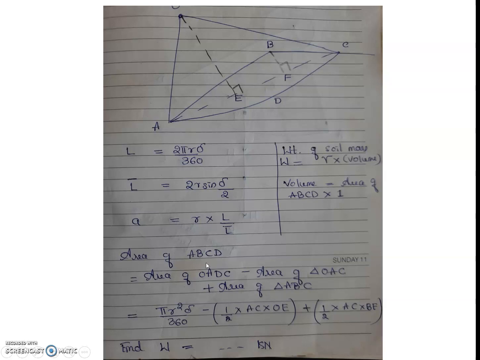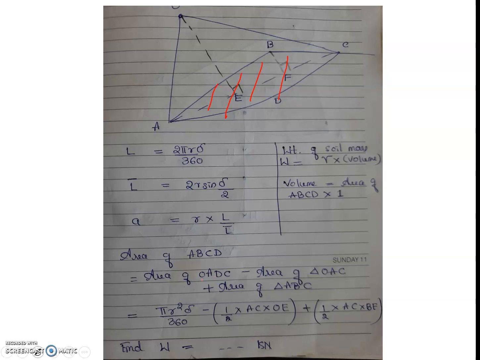Area of wedge ABCD will be equal to area of the sector OADC minus area of triangle OAC. That means we get the portion ADCFE plus area of triangle ABC. So we will be able to get this area.